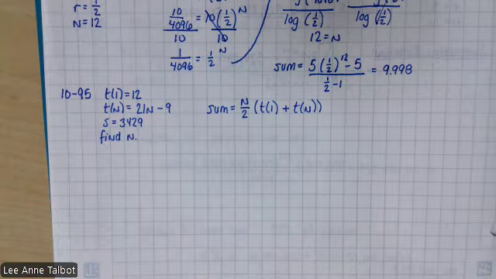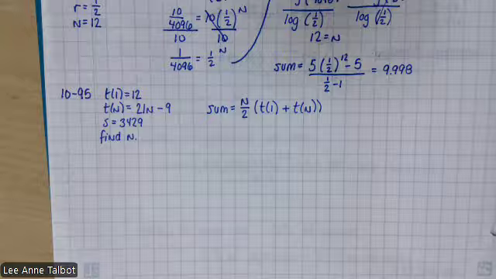Okay, so the first thing you do on all of these problems when you're finding the number of terms is you decide if it's arithmetic or geometric, and you write down the sum formula. Can you guys tell from the T of n equation that it's arithmetic because it's mx plus b? So that means I chose the arithmetic sum formula. Okay, and now I'm just going to plug things in.